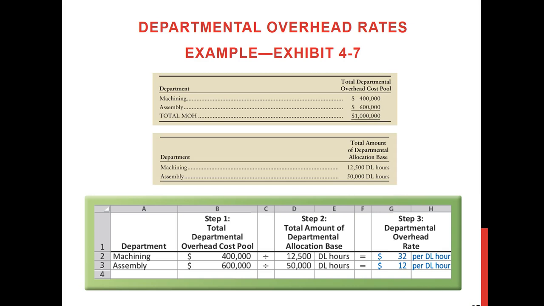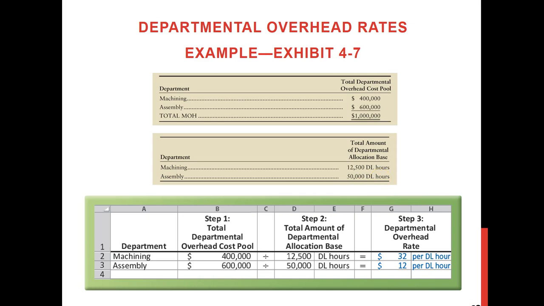It could be labor hours, machine hours, or labor cost. Here in this example, for both departments, the allocation base is labor hours. For the machining department, the total amount of the allocation base is 12,500, and for the assembly department it is 50,000 direct labor hours.